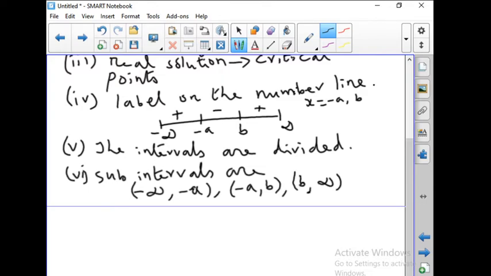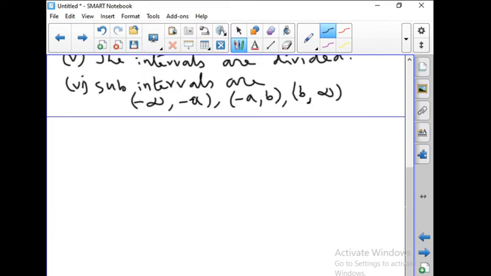So it is divided into sub-intervals. Now we have to check which is positive and negative, and wherever it is positive, according to the inequality, we find the solution.